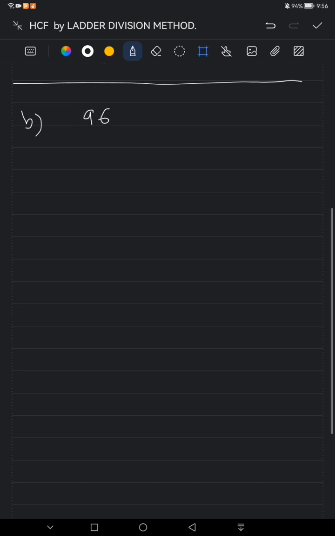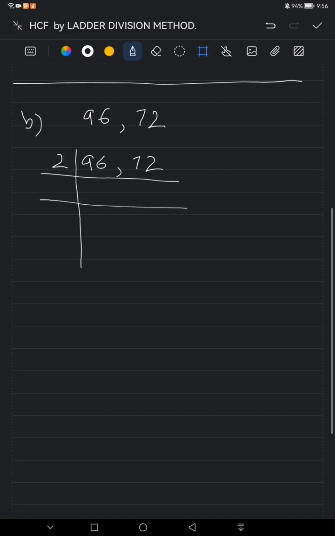Let's have two numbers, 96 and 72. Now 96 and 72, they both are even numbers. So the smallest possible common prime factor of these two will be 2. 2 times 48 is 96 and 2 times 36 is 72.